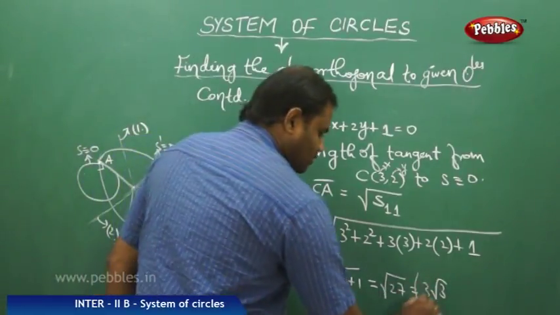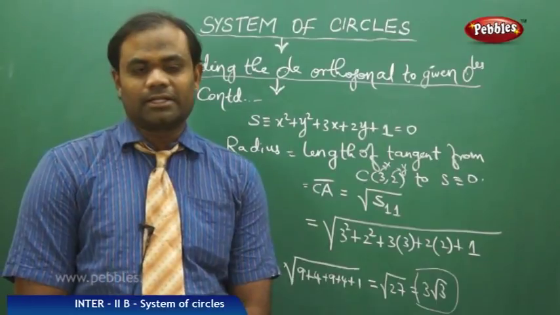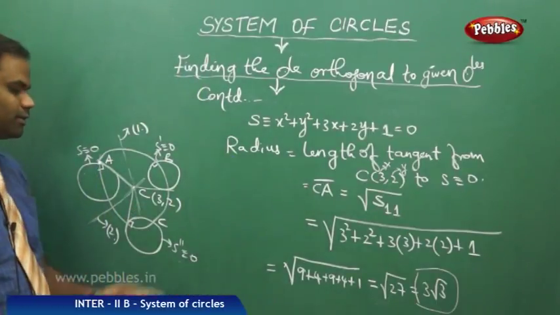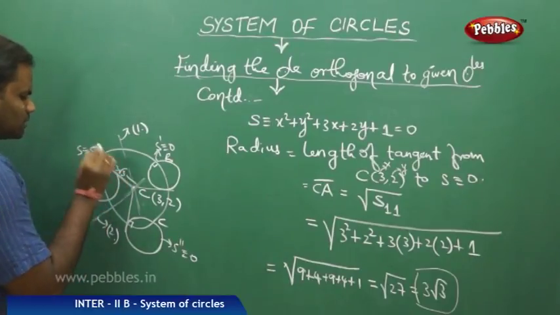So the radius of the required circle is 3 times root 3, and the center of the required circle is 3, 2.